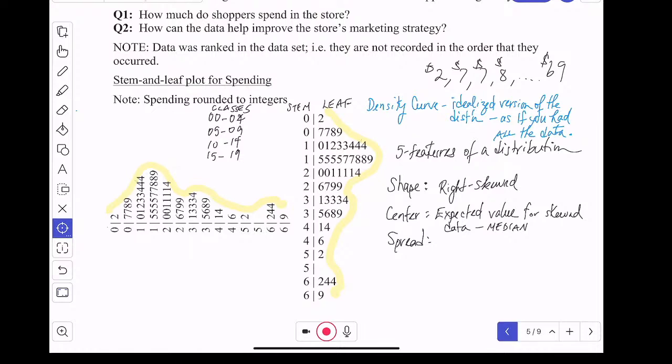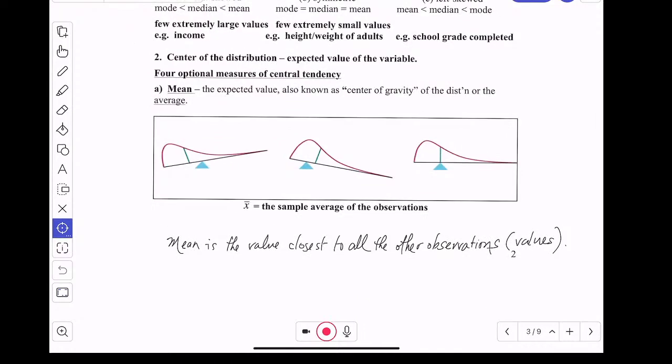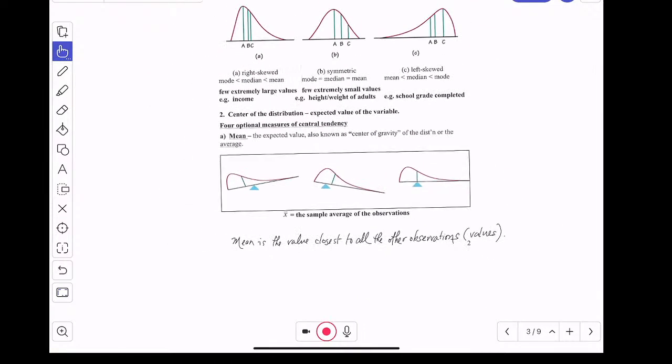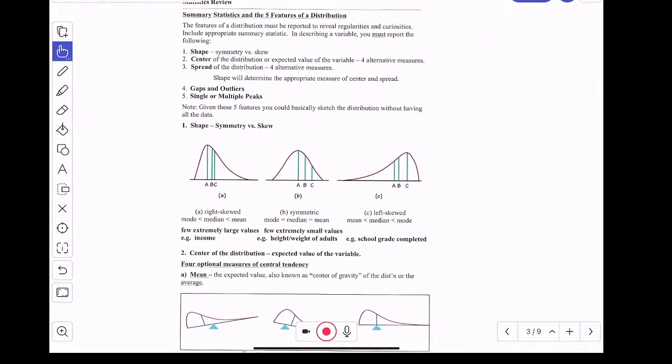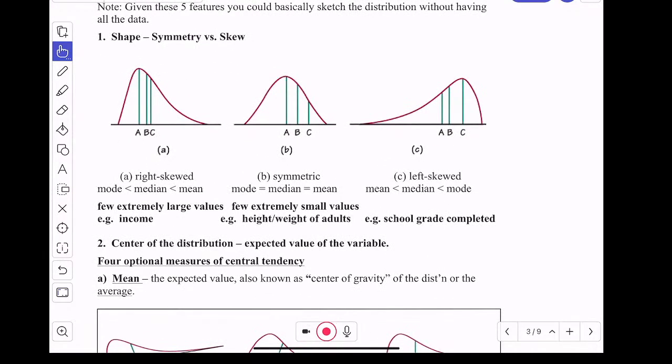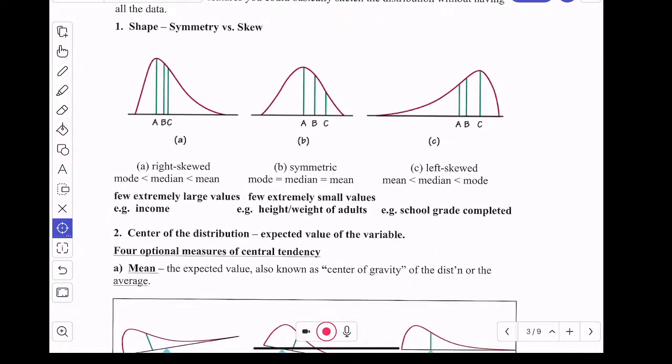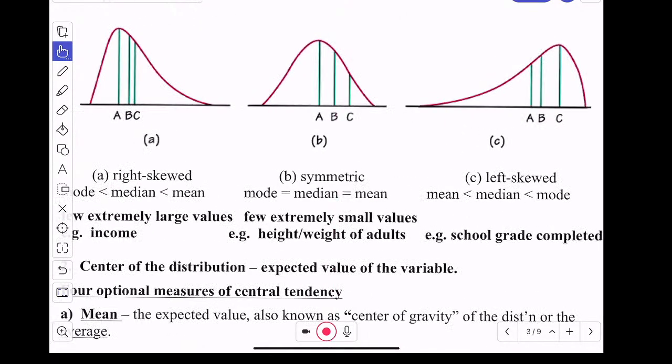Let me say something more about this as well. So here we have the different shapes, right? This one is right skewed. And in the right skewed distribution, it's different than the symmetric one. The symmetric one is in the middle here.